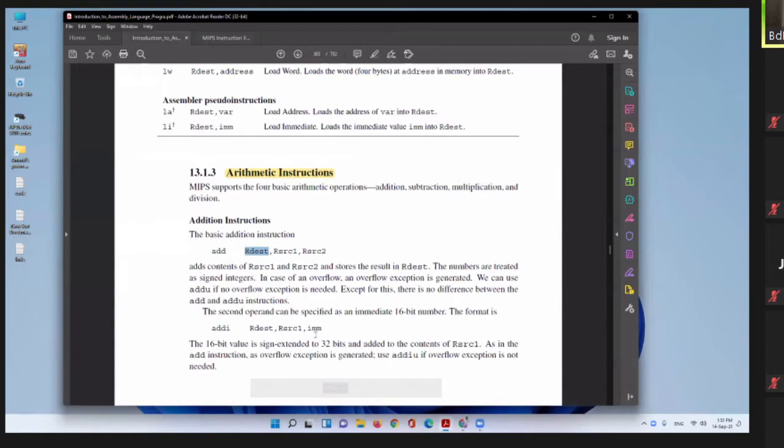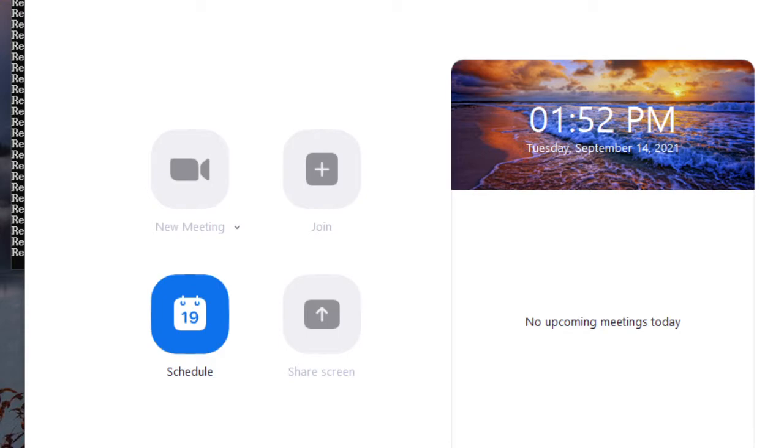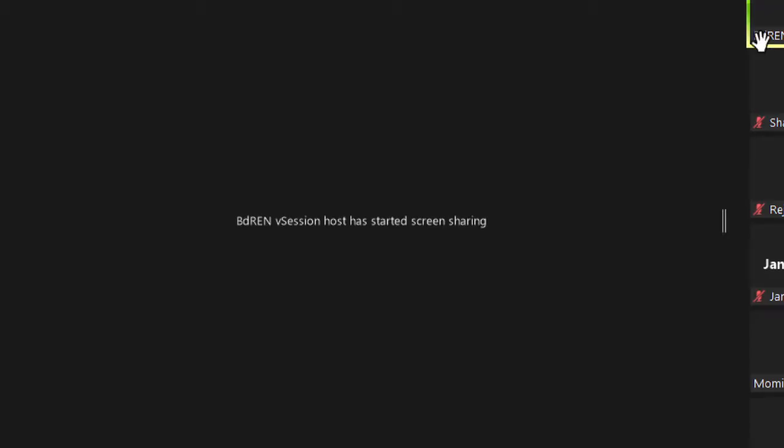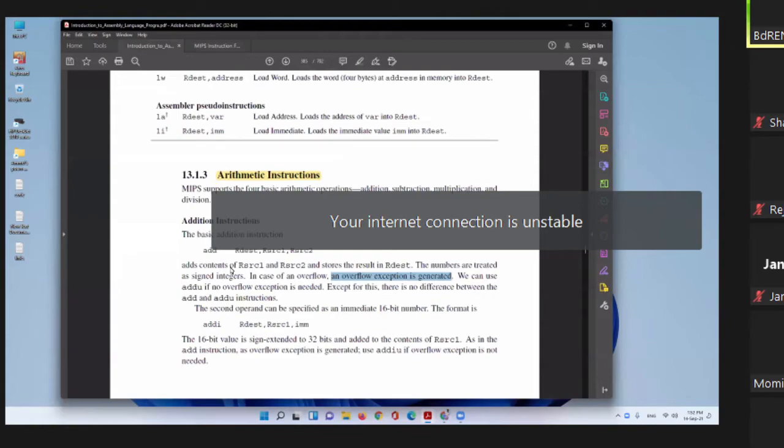What is addU? Very simply, whenever you add two numbers, if an overflow happens, then in that case you have a problem because there will be an interrupt and the processor needs to take care of that interrupt.